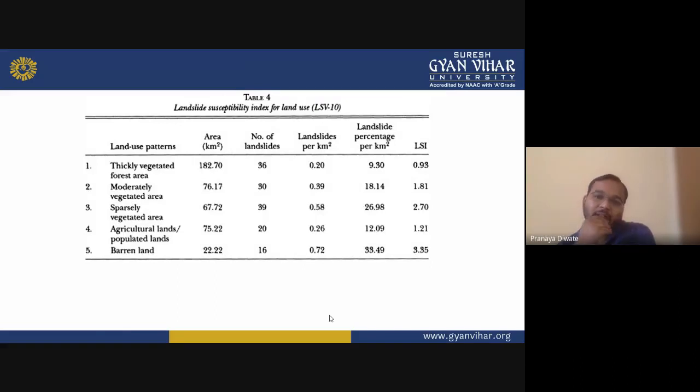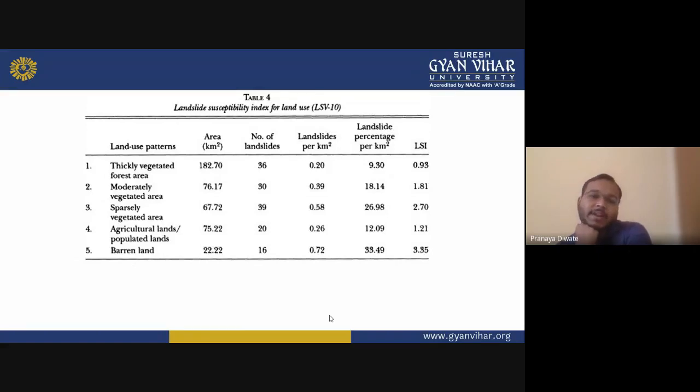Then you have land use, with different land uses having different percentages of landslides. In barren land, you have the highest percentage per square kilometer. You can see that in agriculture land, you have the lowest landslide percentage.